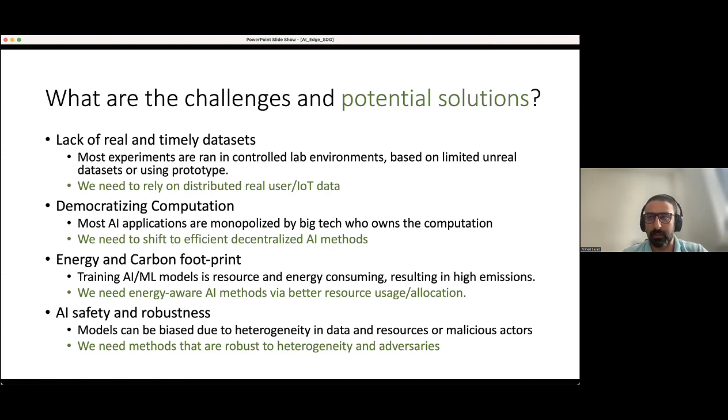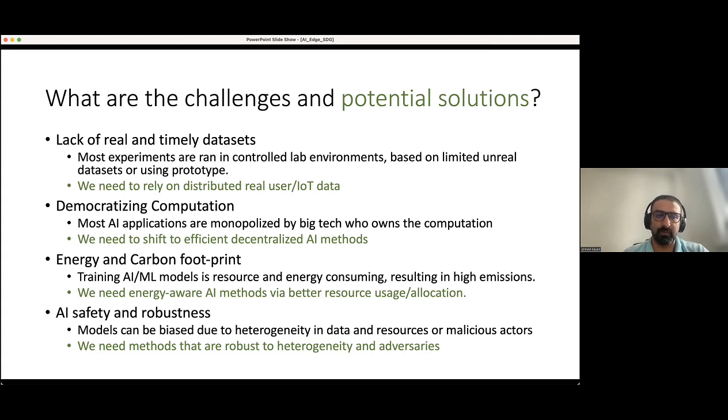Another issue is, as we said, the energy and carbon footprint of AI. Training them is quite resource and energy consuming, resulting in very high emissions. So we need to find energy-aware AI methods that can better utilize the resources and reduce their energy consumption. The last issue is AI safety and robustness, and this is a very big issue.